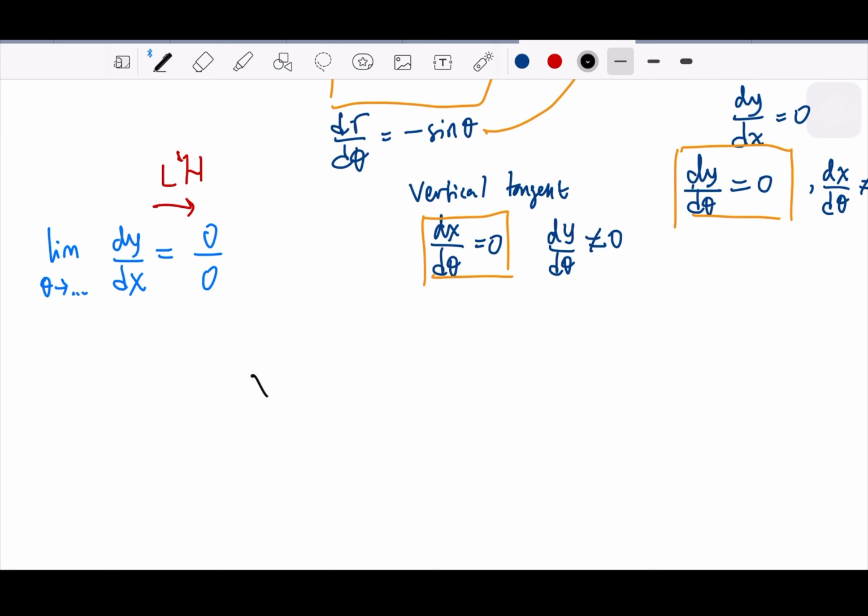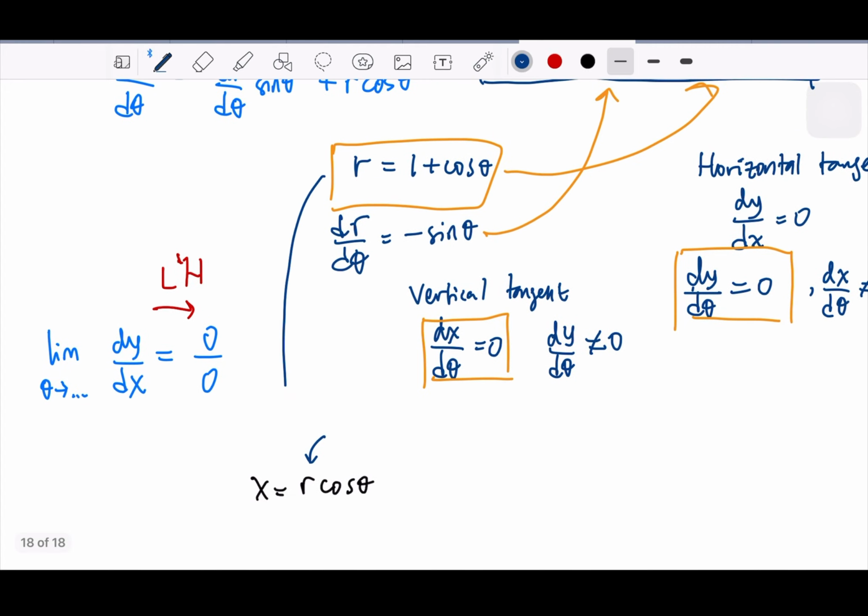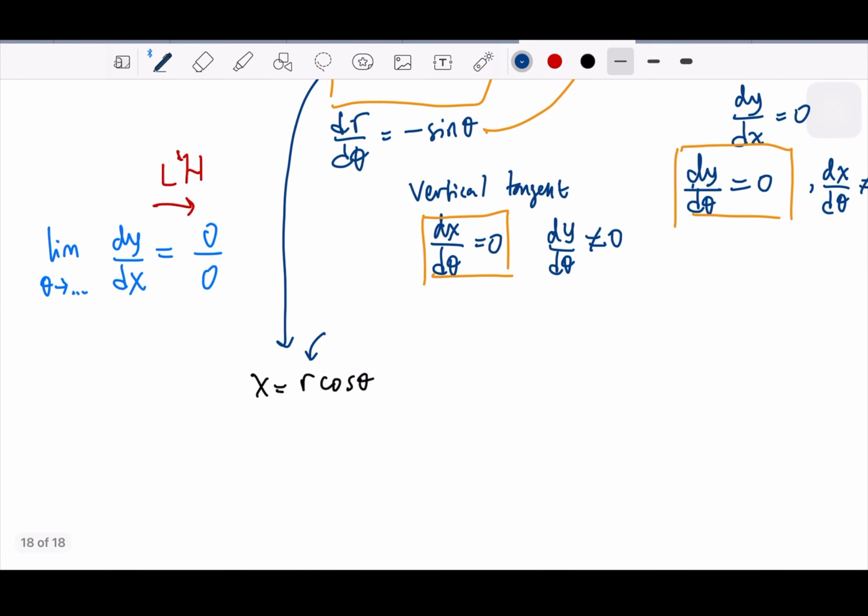So if you have x equals r cos theta, first you can exchange r with your known equation that may be given in the information. For example, if r is 1 plus cos theta, let's just write 1 plus cos theta and then write in terms of this. And then we can have at least cos squared theta like that, right?